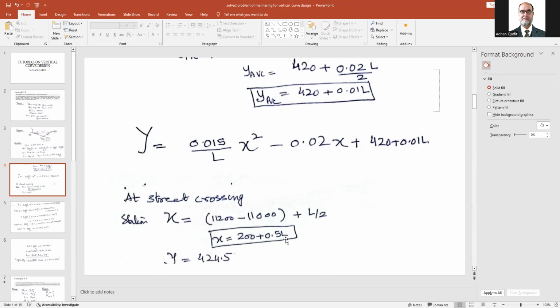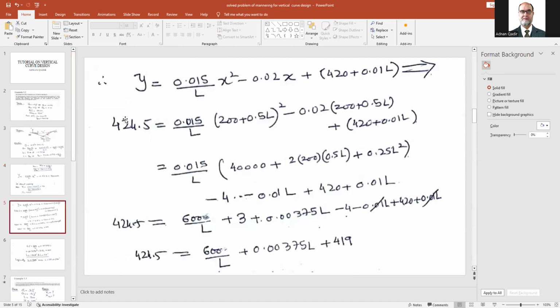Once all these values are known to us, we just substitute into this equation, where y is equal to 0.015 over L times x squared minus 0.02x plus 420 plus 0.01 L. And we know that the elevation at this point of the curve where the street crosses is 424.5.